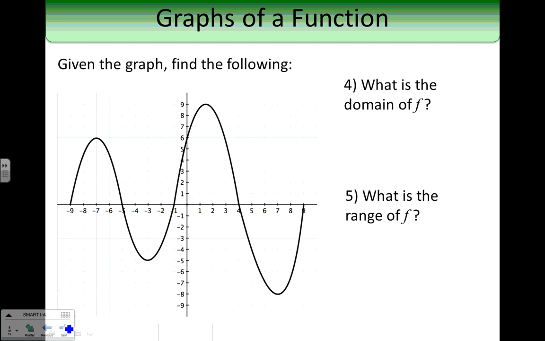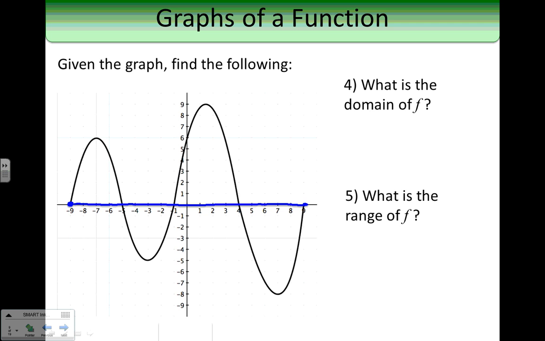In this particular case, the graph starts here. Now notice there are no arrows at the end of this graph. That means that the graph does not continue on forever. It just stops. So you can see that our graph starts here at -9 and continues all the way till you get to +9.